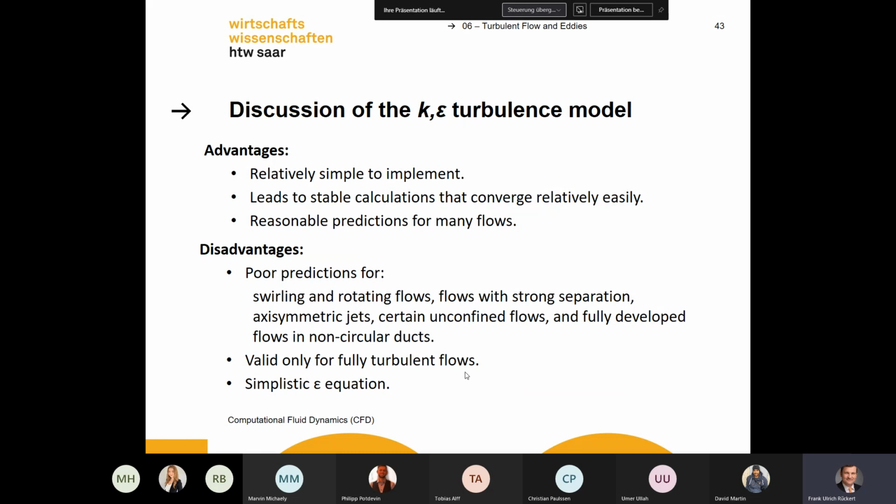If you have regions where you are more laminar, it's not so good. And of course, it's a huge simplification. Normally you have different swirls in all the directions, and here you just concentrate on one simple value, or on two simple values.